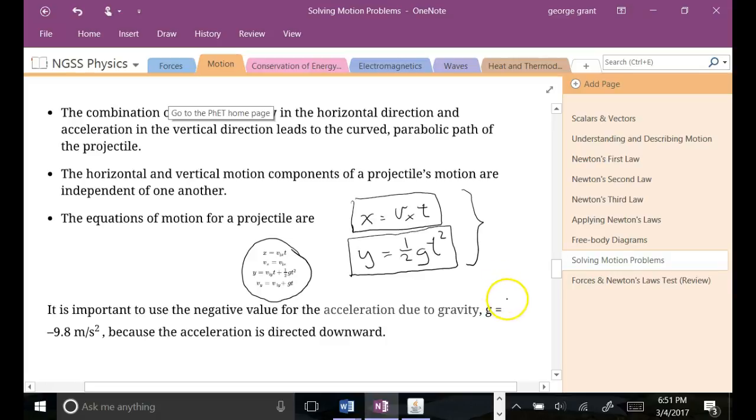Okay, g is of course the acceleration due to gravity, negative because it's down. If you guys want to use -10, that's fine. I don't care. Most of the time it'll get you close enough to the answers so that you can make a decision on a multiple choice test. And if you're just doing a problem, -10 is close enough for me.